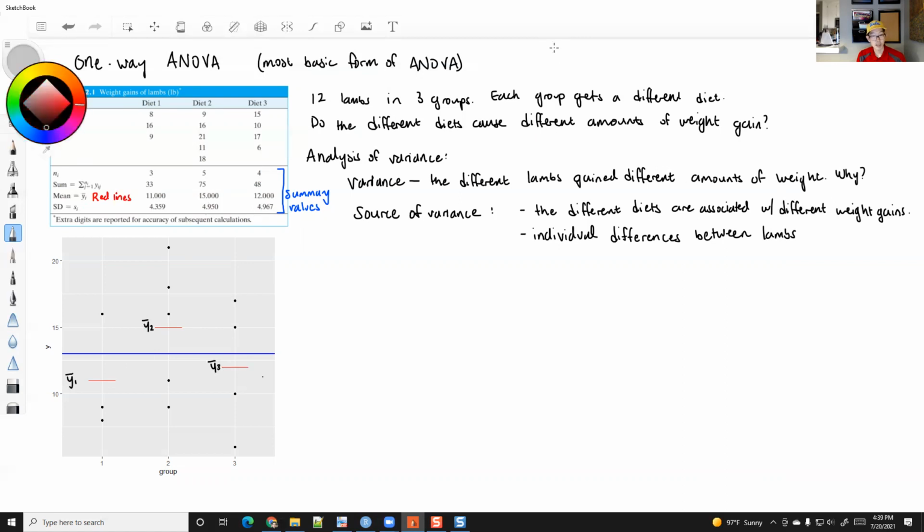Okay. And then what we have to do is calculate the grand mean, which is basically the mean of all values in our data.